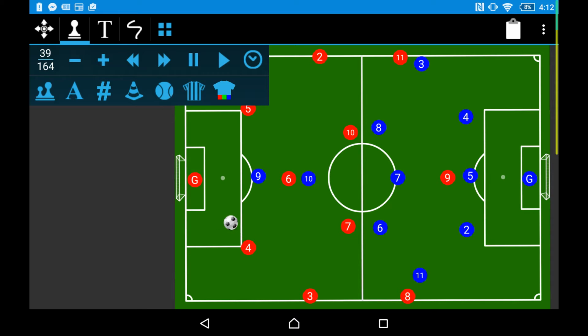The ball is usually played out to fullbacks. Teams like to play out from the back using this formation, the 4-2-3-1. What we're trying to do, by dominating the centre of midfield, is force the play wide and away from the centre of the pitch and away from any trouble.